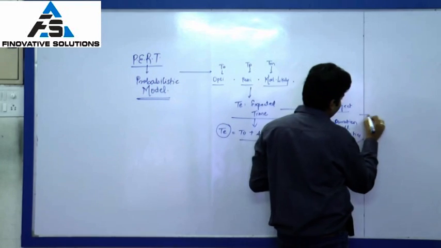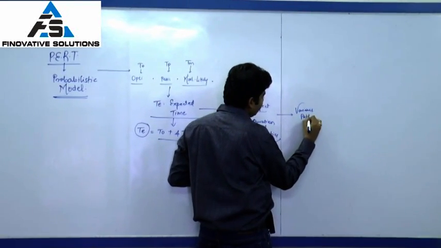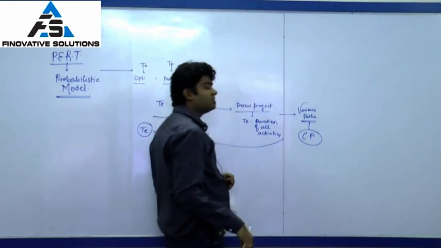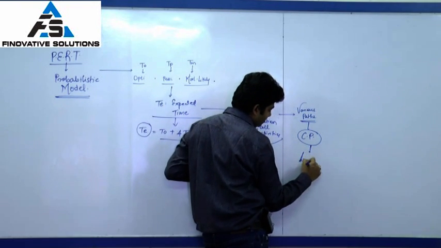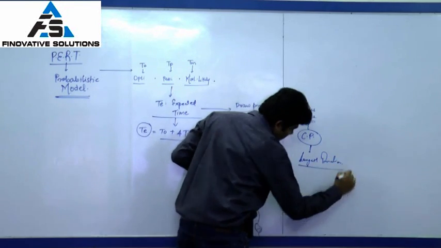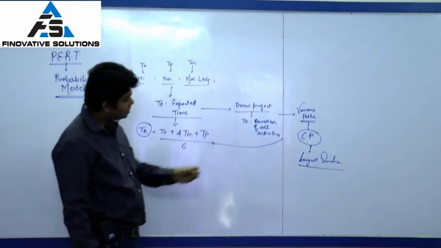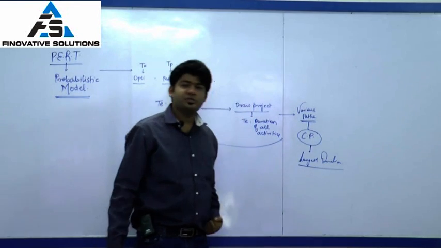Using this, we will find out the various paths which are there, and for these various paths we will calculate the critical path, the path with the longest duration. So our project will be completed based on the critical path, which is my longest duration.